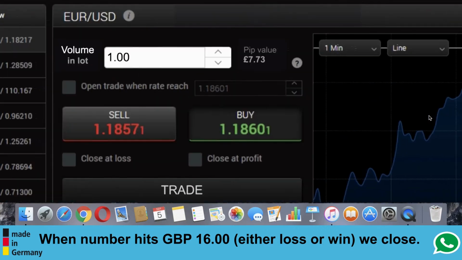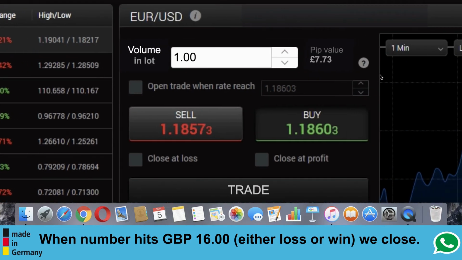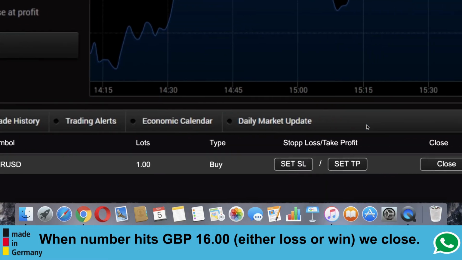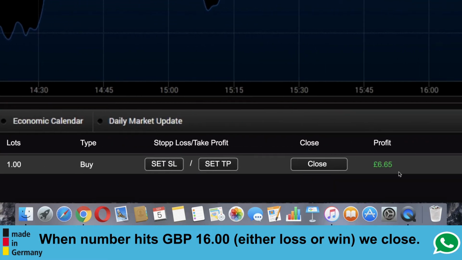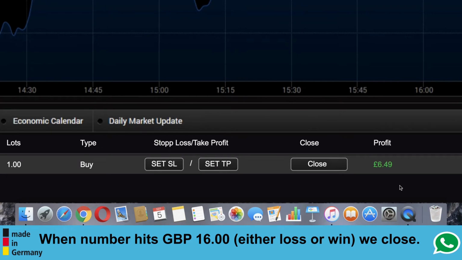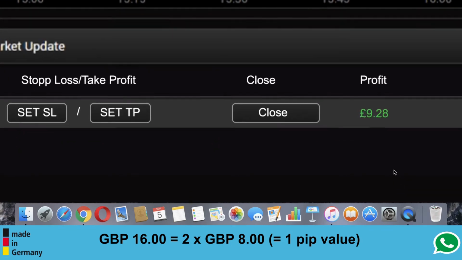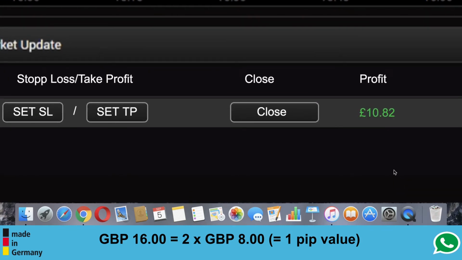Because 16 is just double of the pip value. The pip value is roughly £8, so we will close as soon as this value hits 16. Whether 16 loss or 16 win, we will wait until it hits 16, which is right now.